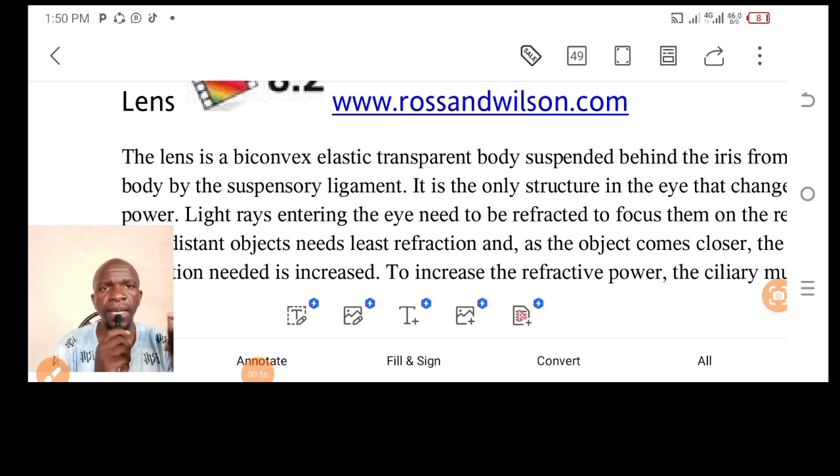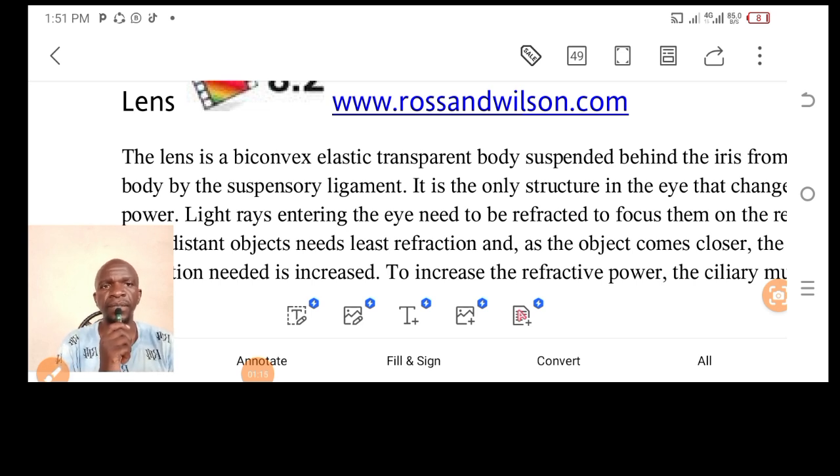What is the lens? The lens is a biconvex, elastic, transparent structure suspended behind the iris by the suspensory ligament.